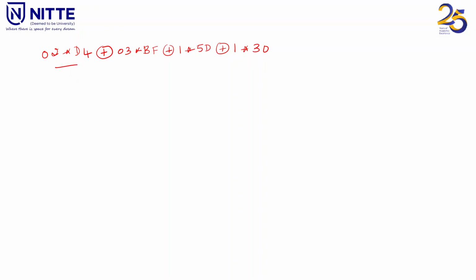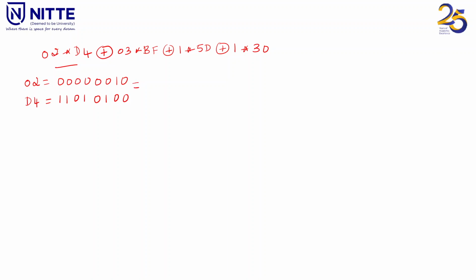So it is not a simple hexa multiplication at all. So we have to convert these numbers into a polynomial equation. So 02, representing in the form of binary of 8 bits, is 0 0 0 0 0 0 1 0. Similarly D4 is 1 1 0 1 0 1 0 0.